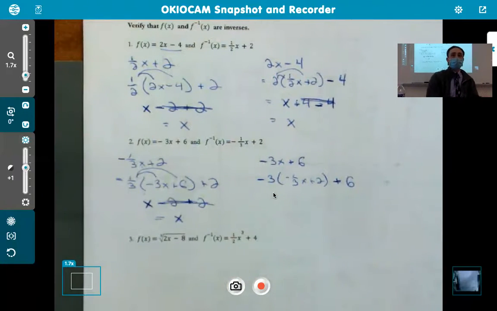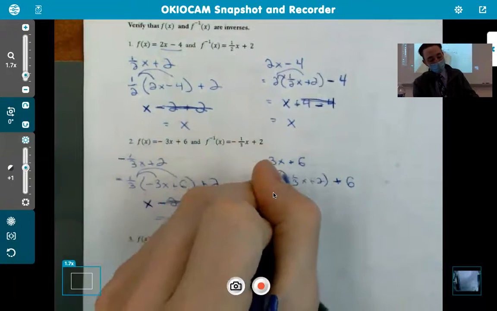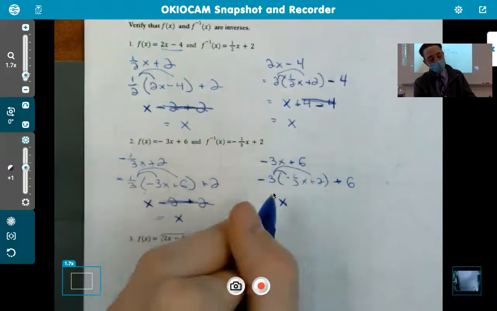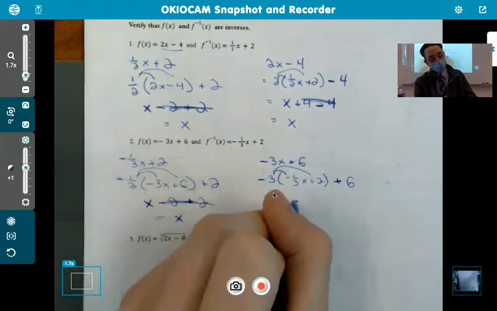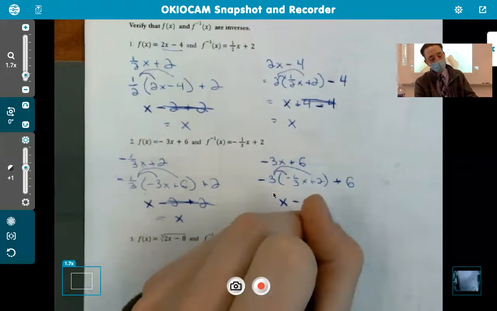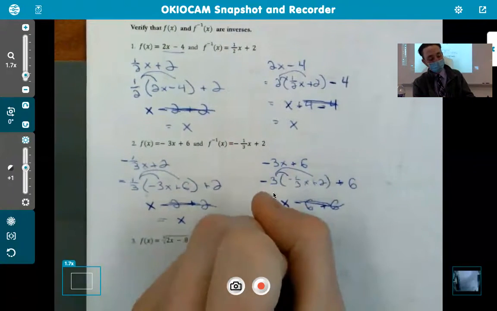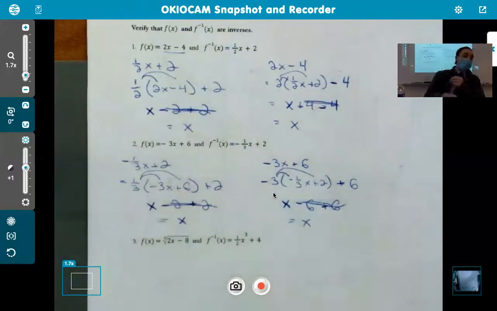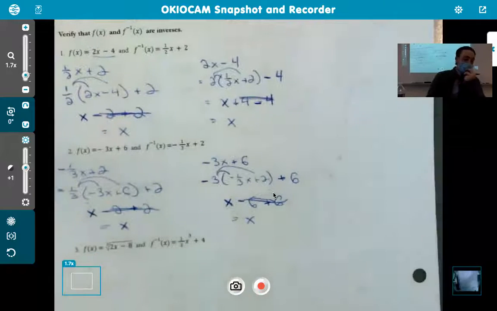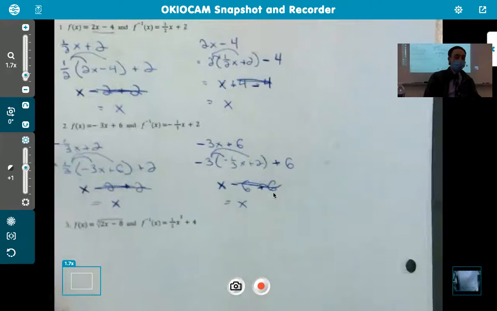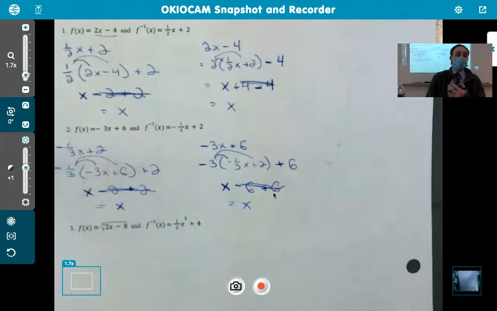What do I do from here? Good. What happens with the -6 to +6? Leaving x. So I verified that both ways I've done this, I get x out in the end, which is good because that tells me that that function is the inverse of the original. Okay. Any questions about that example or anything that we've talked about so far?